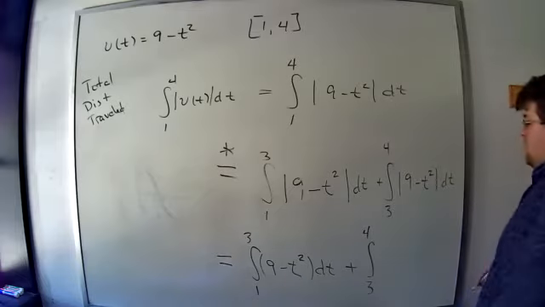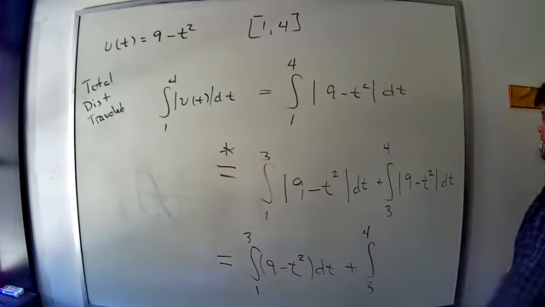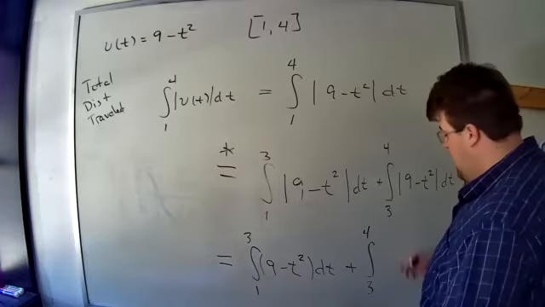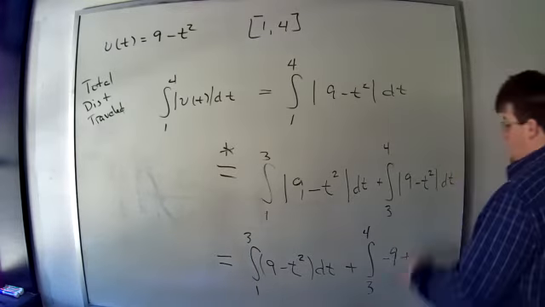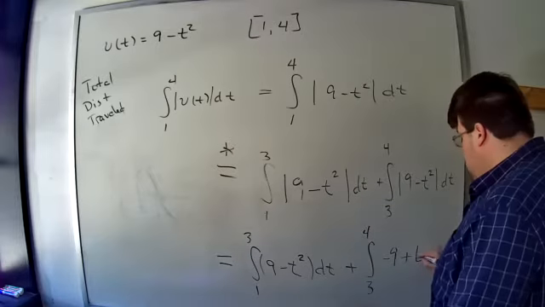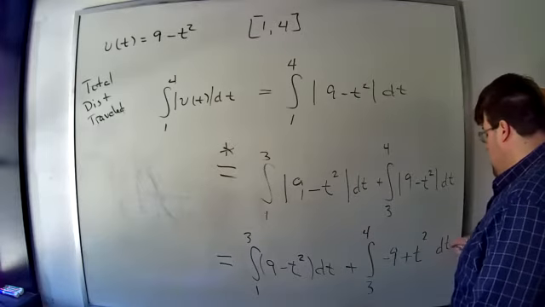So to compute the integral of an absolute value where the inside is negative, the absolute value simplifies by flipping it around or taking a negative, however you want to view it. I'll write it like this. Negative 9, negative t squared, so negative 9 plus t squared.